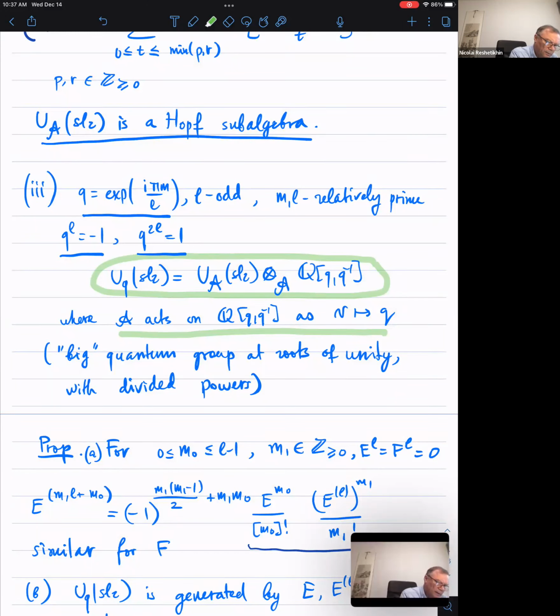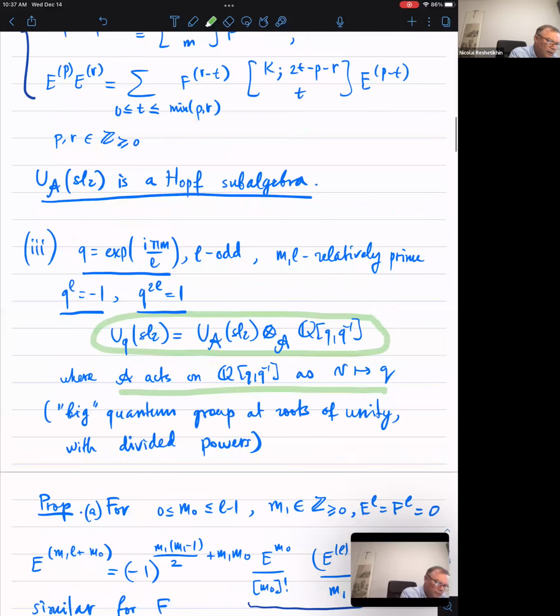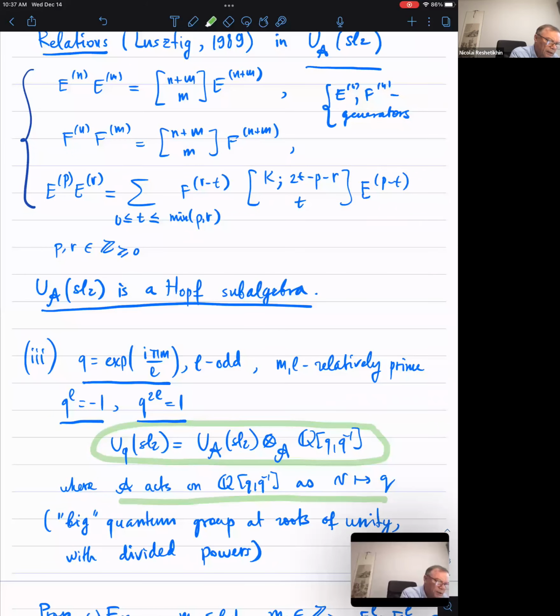And since there are no denominators, so I just want to emphasize that here there are no denominators vanishing when we specify v to a root of unity.